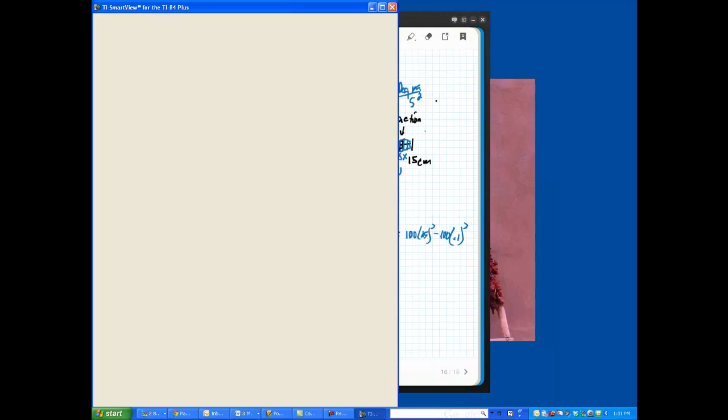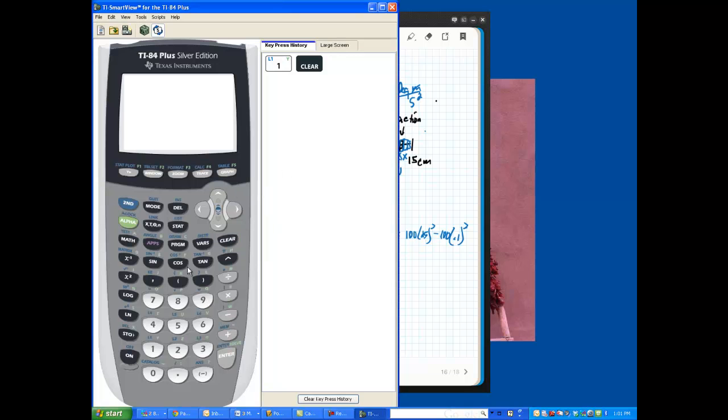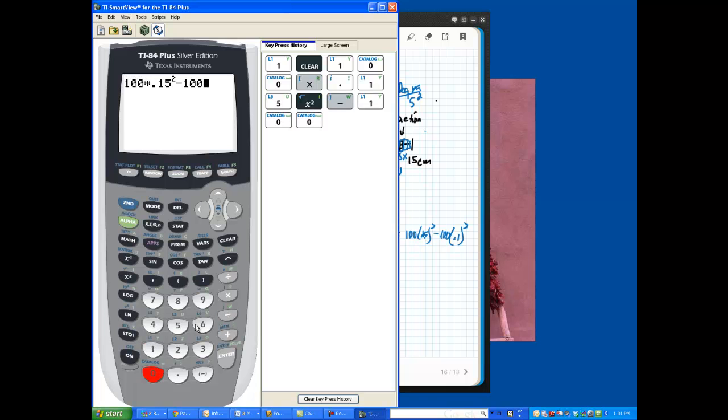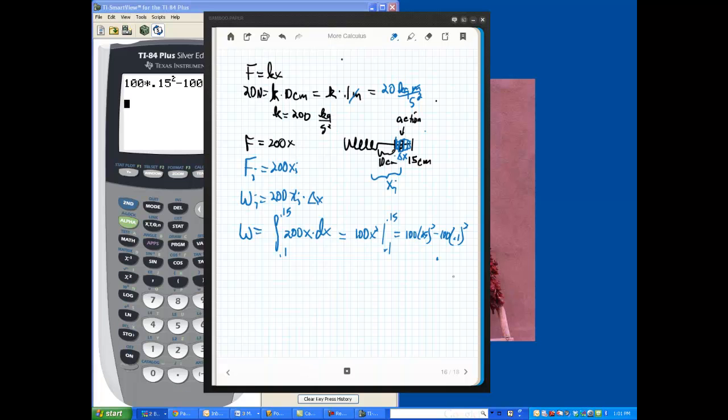Hey, I happen to have a calculator right here. Let's have a little fun. So I'm going to do 100 times 0.15 squared minus 100 times 0.1 squared. I wish I could do those quickly in my head. I suppose I could have with a little bit of work. And I get 1.25 joules.